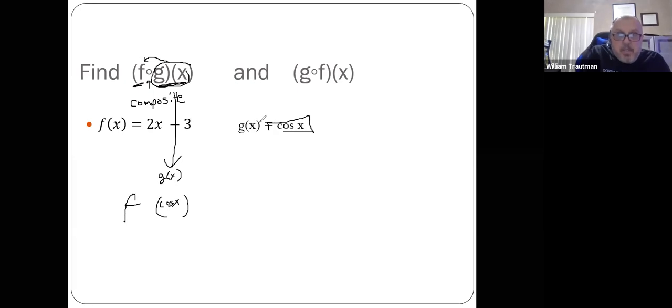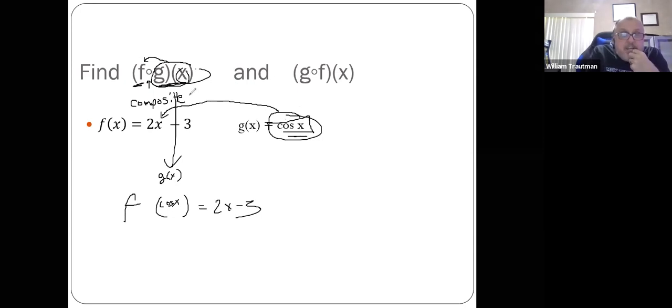This becomes, it goes into here. 2x minus 3. This cosine, now since g of x, whatever g of x equals, it equals cosine x. That goes into the x values of the f function. There's the f function. We're putting that into here. So in other words, we're putting cosine x into here.